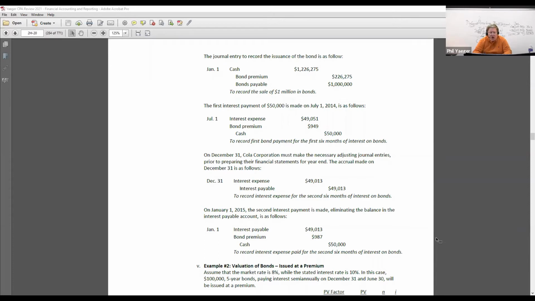All right, so at December 31st, year 4, how much is our interest expense for the second item on the amortization schedule? Does everyone understand the second one is the payment on what date? January 1st, 2015: 50,000, 49,013, and the premium amortization.